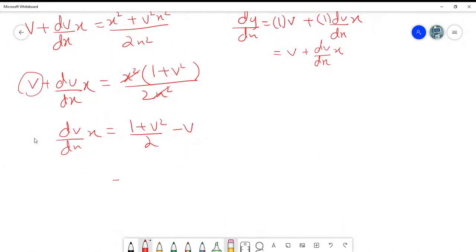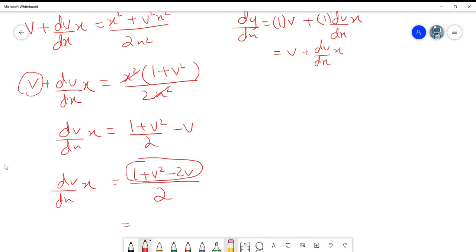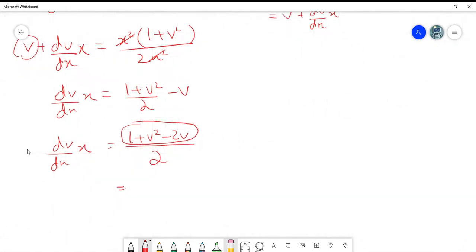Let's see what happens now. I'll take the LCM on this side, which will give me 1 plus v squared minus 2v and dv by dx times x. Now I can use the algebraic formula here, as I can see that it's a perfect square, and I can write this as v minus 1 whole squared over 2, and on this side I have dv by dx times x.